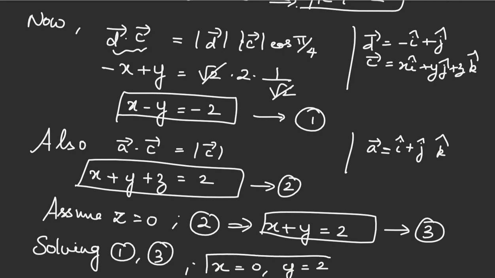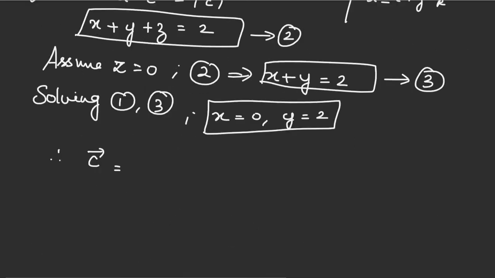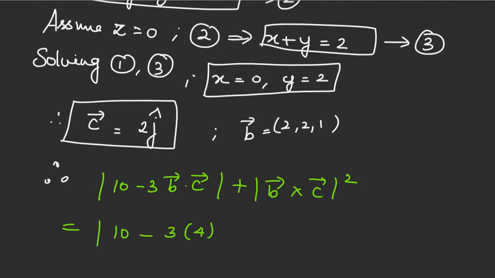If x and y values are known, we can write the value of C vector, which is equal to 2j. We get the value of C vector. Now, as given in the question, we have to find the modulus of D vector cross C vector.